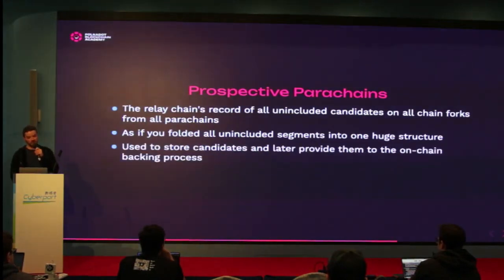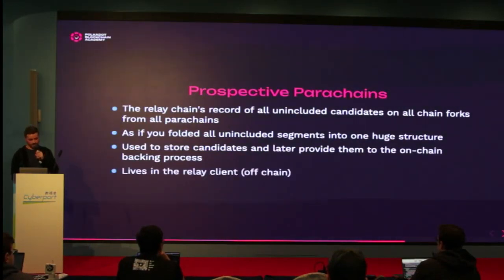So it's used to store candidates and later provide them to the on-chain backing process. And this lives in the relay chain client. So it lives off-chain. That's why it needs to be aware of different forks consciously, because if you're in a runtime on the relay chain, your perspective is limited to a single fork of the relay chain, but not so in this case.